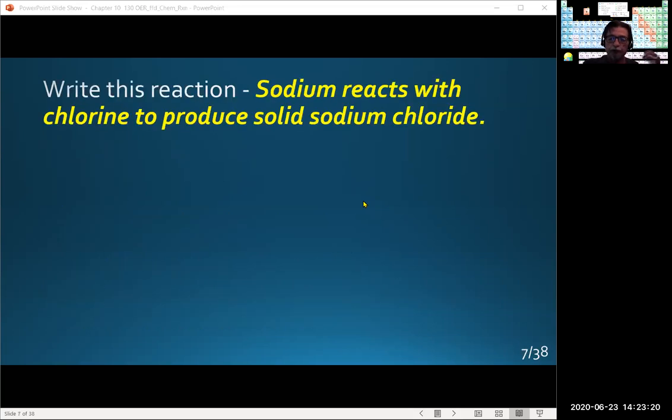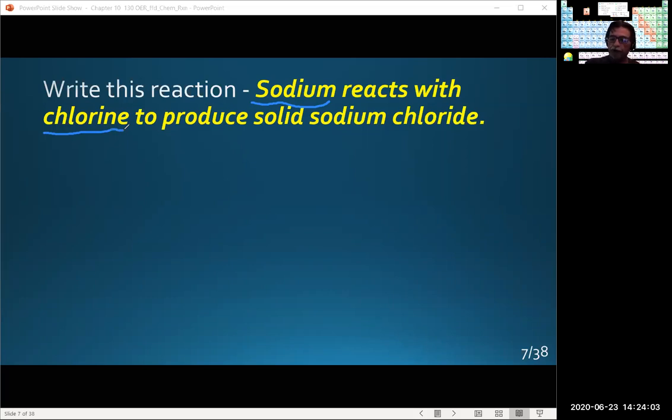Okay, so let's take this example. It says here the reaction: sodium reacts with chlorine to produce solid sodium chloride. Let's break down that sentence. The key word here is sodium.